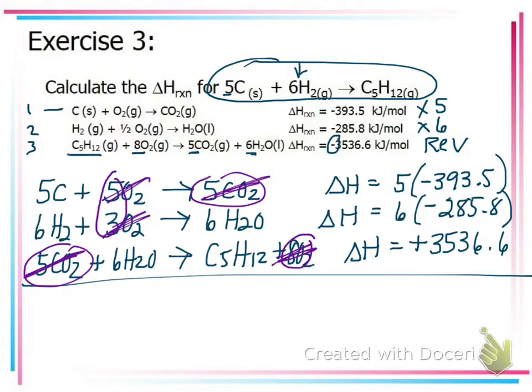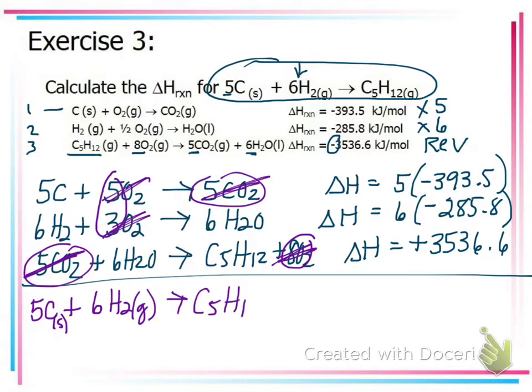So I'm going to be left with 5 carbon, which is solid, plus 6 H2, which is a gas, and that's going to yield C5H12, which is also a gas. And of course, if I look at that, it is balanced, with the same amount of carbon and hydrogen on both sides.